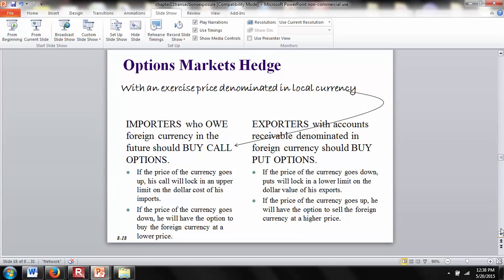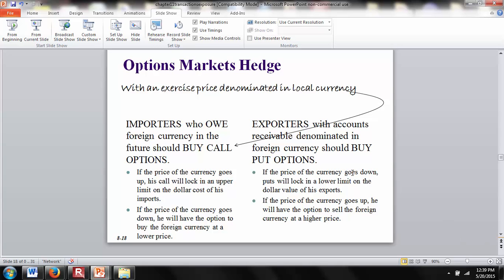So this summarizes the options market hedge. Importers who owe foreign currency in the future should buy call options, and if the price of the currency goes up, his call will lock in an upper limit on the dollar cost of his imports. If the price of the currency goes down, he will have the option to buy the foreign currency at a lower price.